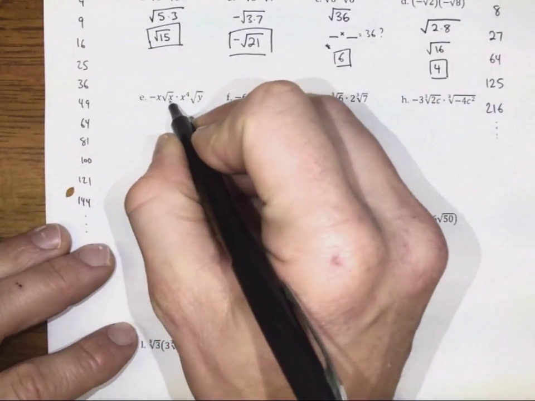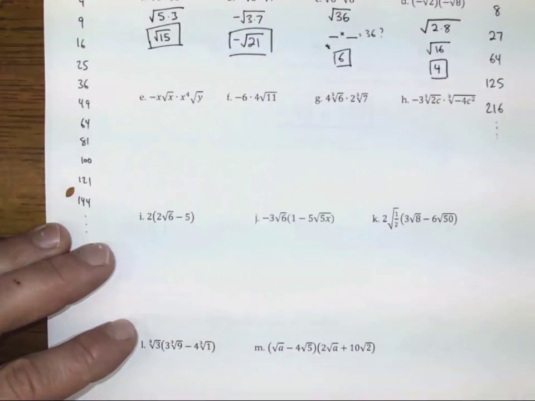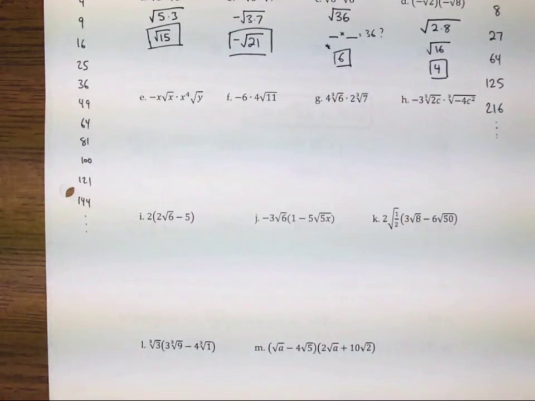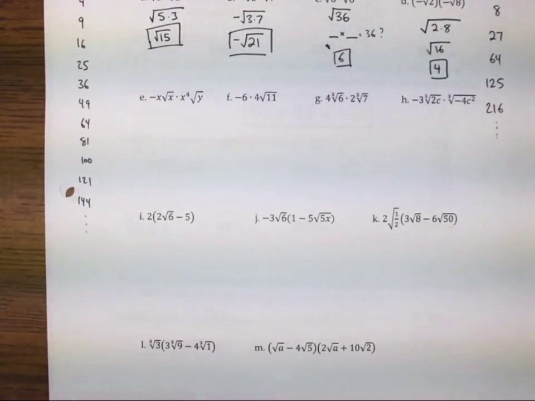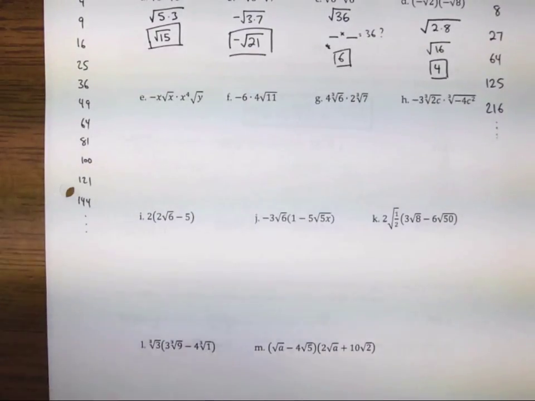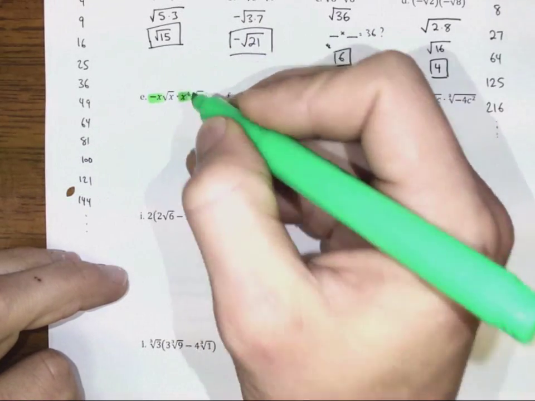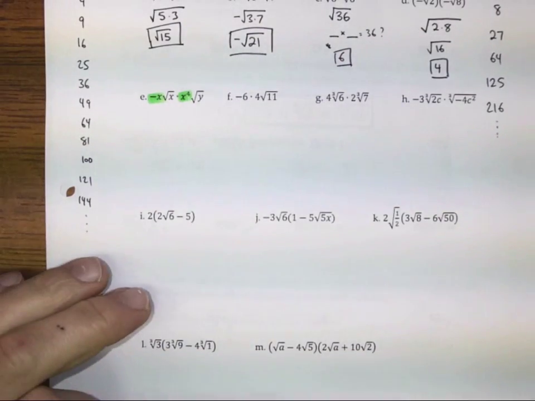So we've got some variable coefficients here, a -x times an x to the power 4, and I might grab a highlighter. I think we used green when we went over this together, so I'm going to use green for these coefficients. And I'm going to multiply those together first.